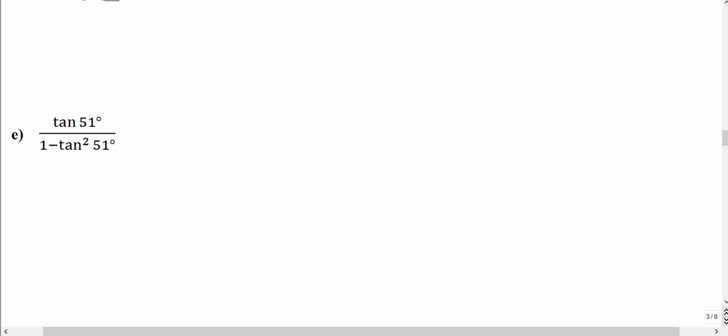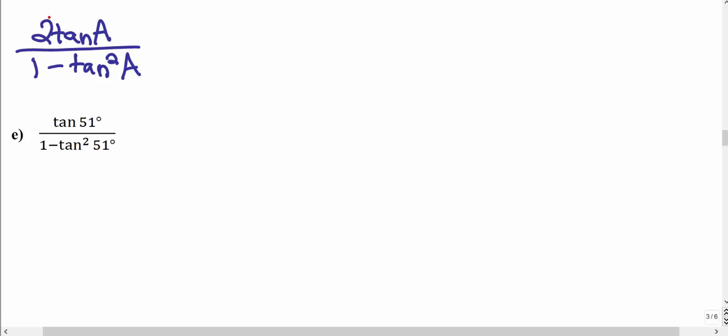Part E, we have tangent of 51 degrees divided by 1 minus tangent squared of 51 degrees. This is very close to our double angle identity for tangent. However, it's not quite the same. The double angle identity for tangent is 2 times tangent of some angle divided by 1 minus tangent squared of that same angle. Do we notice the difference or what's missing from the expression that we are given?